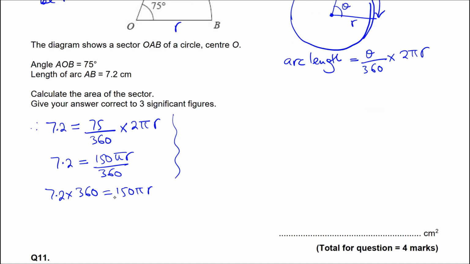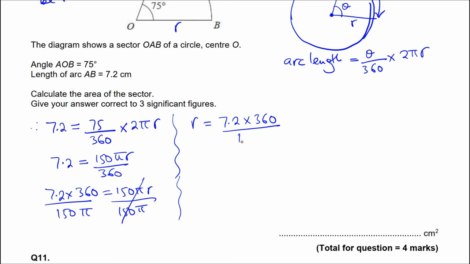Then divide both sides by 150 pi. So r will be equal to 7.2 multiplied by 360 over 150 pi, and if you plug this in the calculator, this will be equal to 5.5 centimeters.